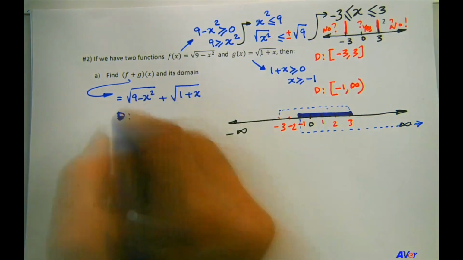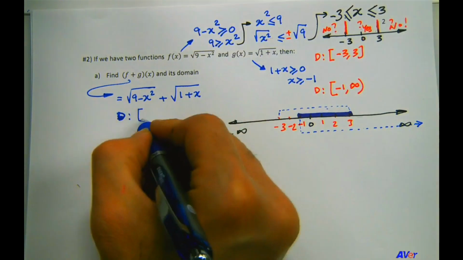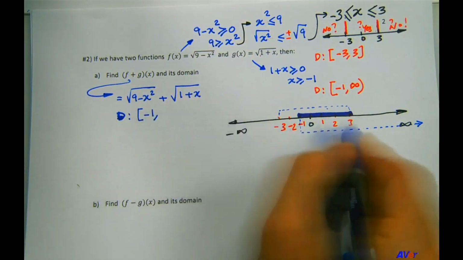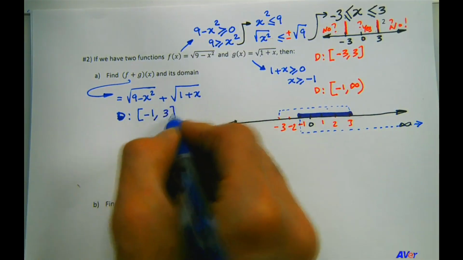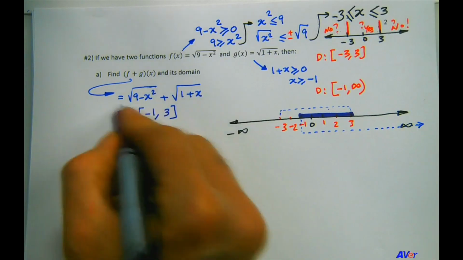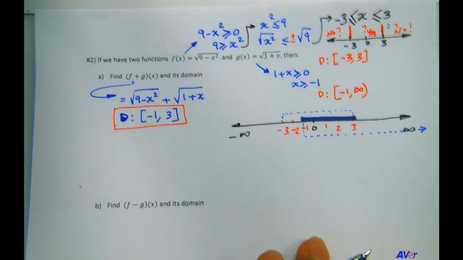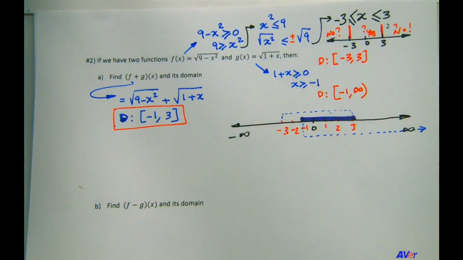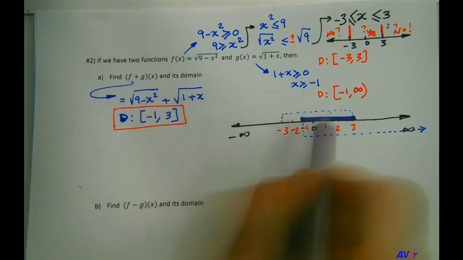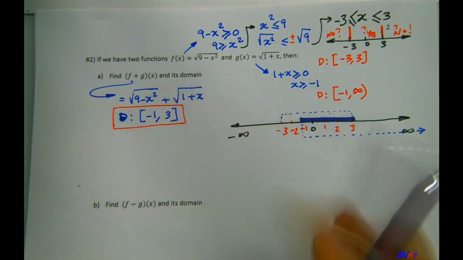Therefore, the domain is bracket -1, comma, +3, bracket. I hope this is clear. That's the only spot where the domains of the parent functions overlap, which means they agree with each other. Okay, so that's going to be the domain of the final combined function.